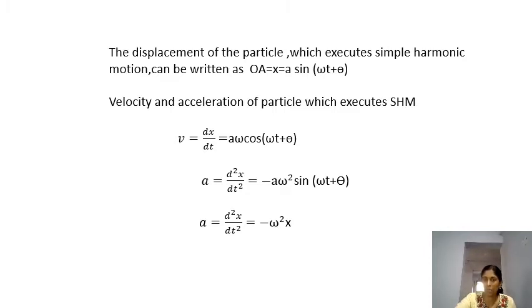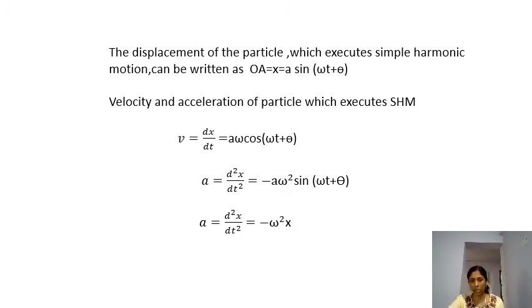For velocity, v is equal to dx by dt, differentiating this equation with respect to t, which is a omega cos of omega t plus theta. Again differentiating with respect to t, for acceleration we get minus a omega square sine of omega t plus theta.